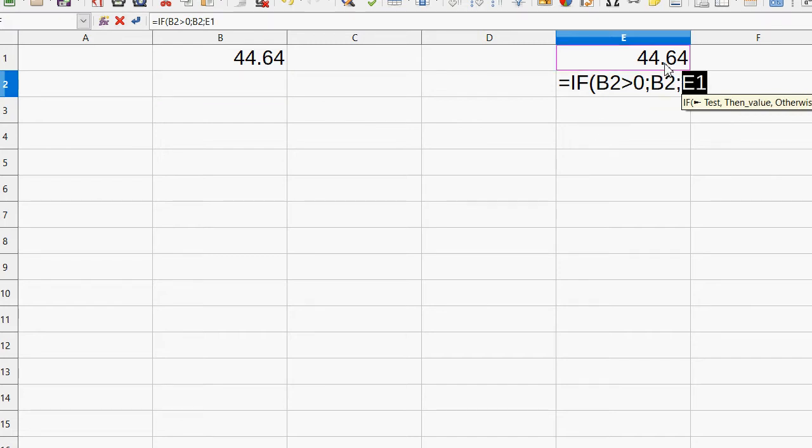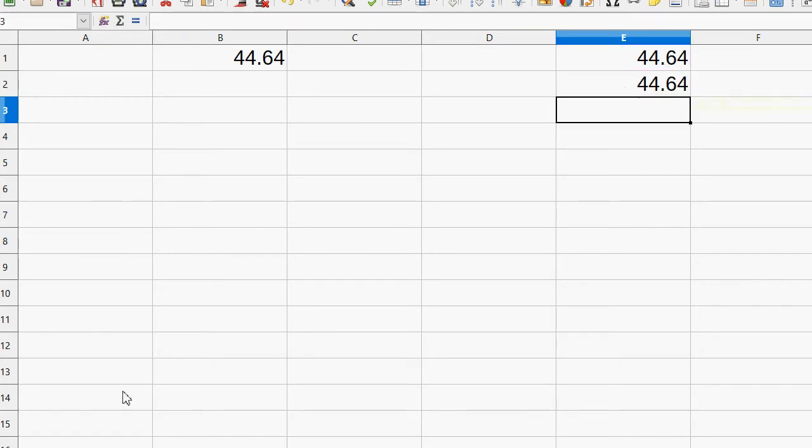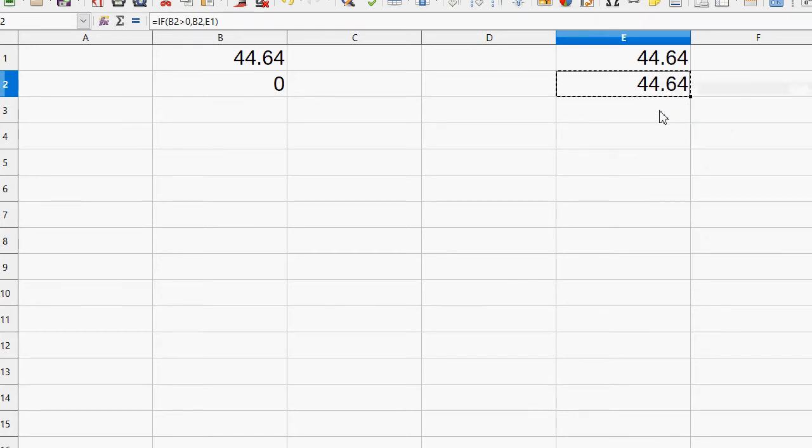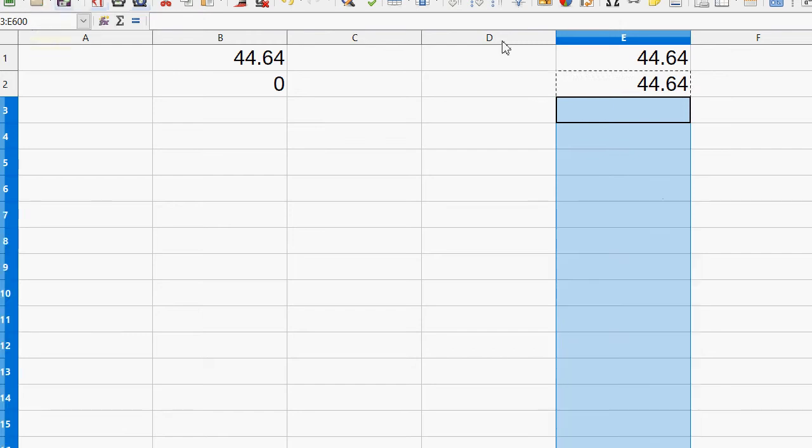And 44.64 is going to come up. But if I were to put a different number in here, like 25, you can see it would change to that. Same thing on 85. But at 0, it's going to have the final number. So therefore, I'm just going to copy and paste this down to like row 600 even, although I'm not going to use anything near that.